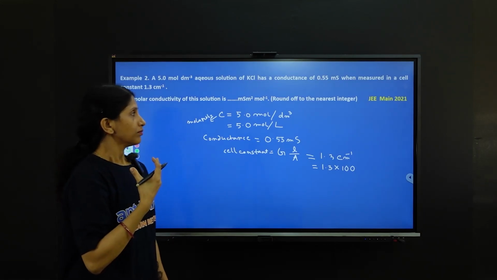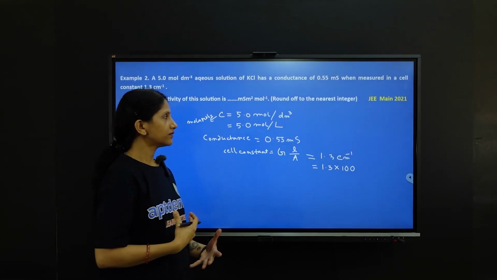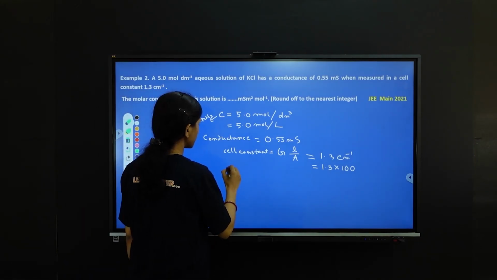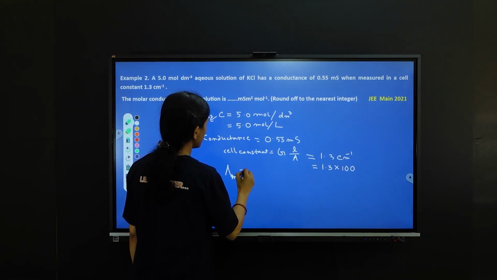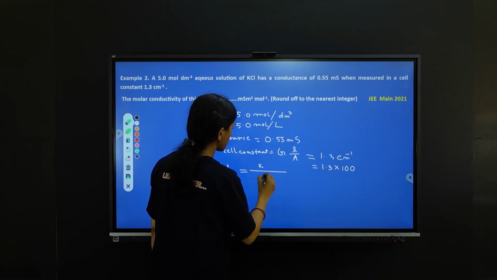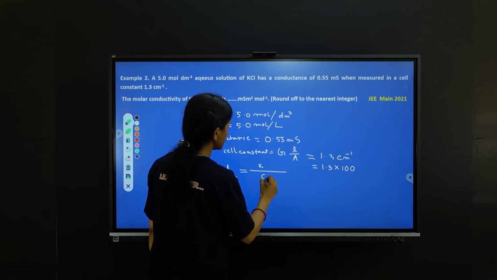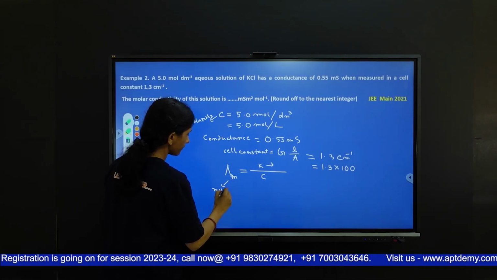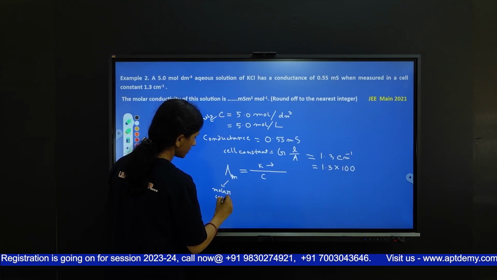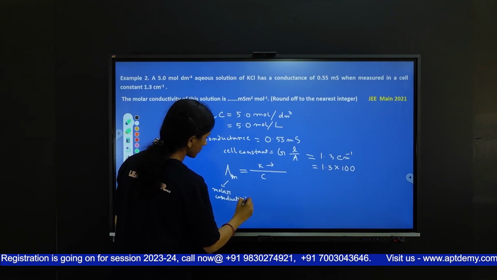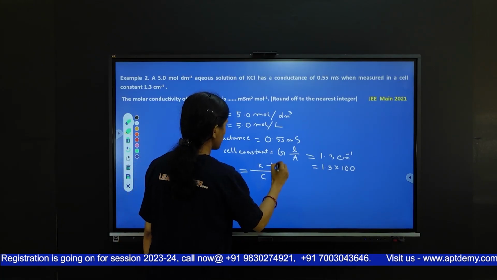Now molar conductivity and conductivity are related to each other with the following relationship. So lambda m, that is the molar conductivity, is equal to kappa divided by C. This is our molar conductivity, lambda m, and this is our conductivity.